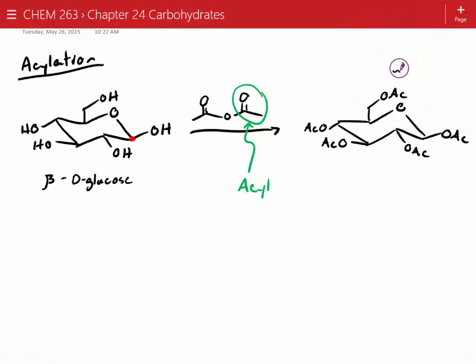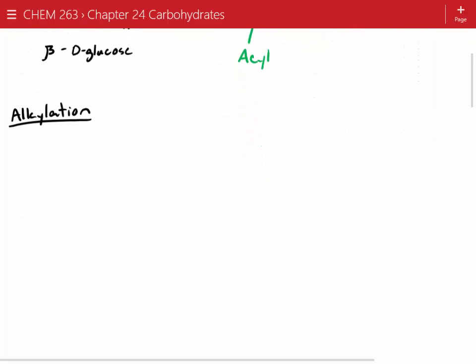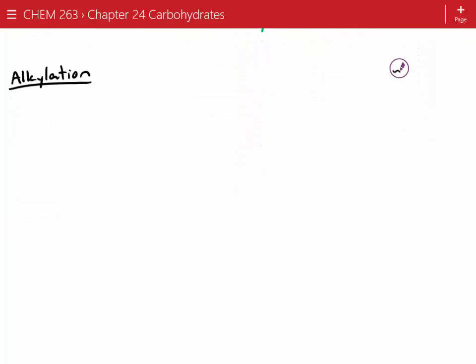All right, now let's do alkylation. Let's do the same example with alkylation. Sorry, this isn't the best looking glucose I've ever drawn, but it'll do.